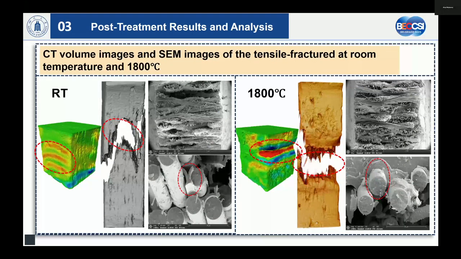So here it can be seen from this slide that the results calculated by DVC basically correspond to the volume images of the fracture obtained by CT scanning. The DVC results at room temperature show multiple strain bands corresponding to the delamination fracture of the specimen.